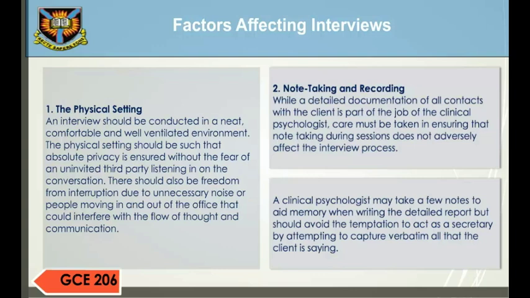2. Note-taking and recording. While a detailed documentation of all contacts with the client is part of the job of the clinical psychologist, care must be taken in ensuring that note-taking during sessions does not adversely affect the interview process.